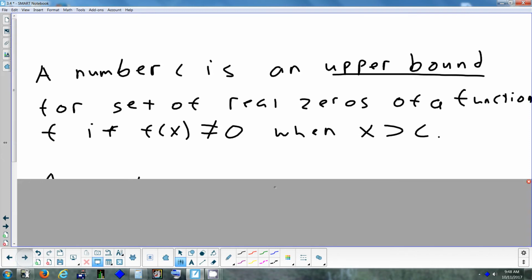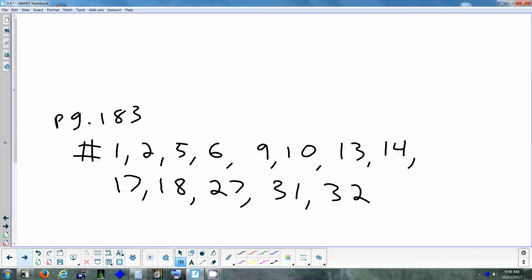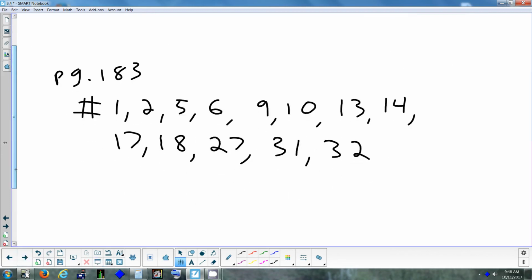Not going to worry too much about upper and lower bound. All right. So the homework, I got to just take off 1 or 2 problems. Don't worry about 31 and 32. But I think everything else should be okay.